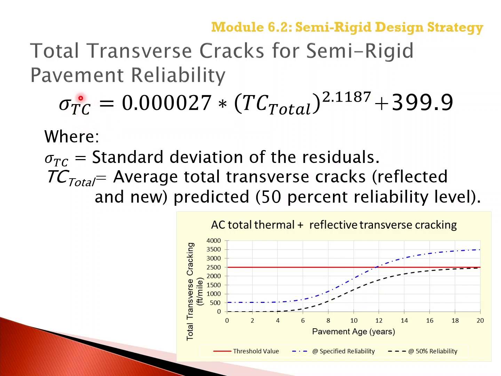And so this is total transverse cracks, which include the reflected as well as new transverse cracks in the asphalt layer itself. And this defines the standard deviation of the residuals. And the graph below shows an example illustration. I believe it's at the 90% reliability level for thermal plus reflective transverse or shrinkage cracks.